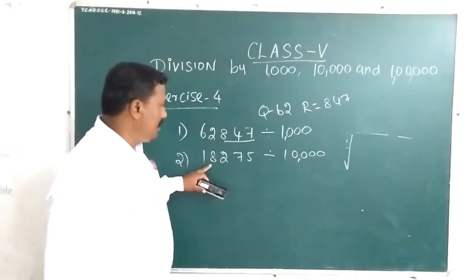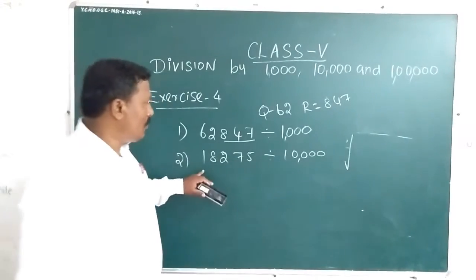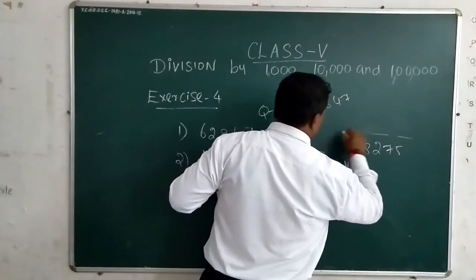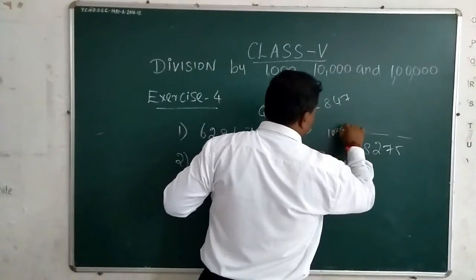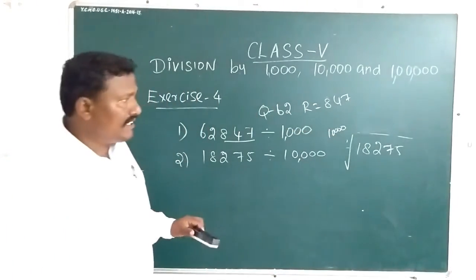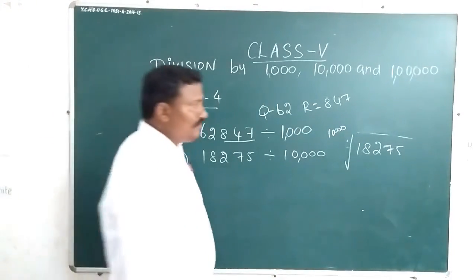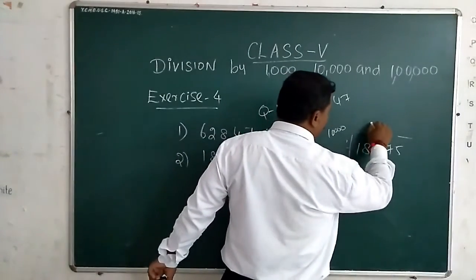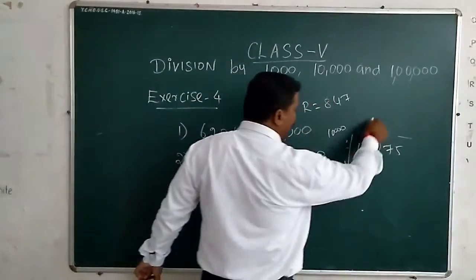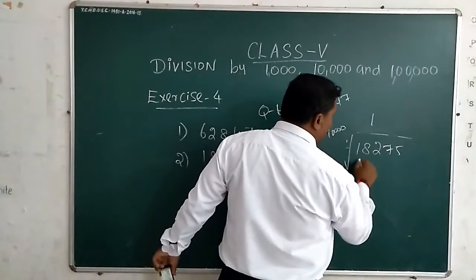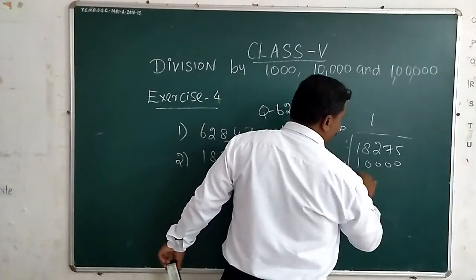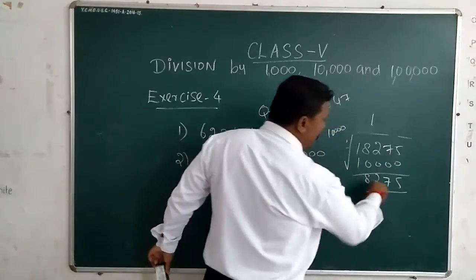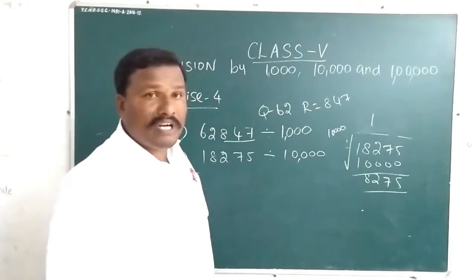The number is 18,275. If you divide by 10,000, how many times can you divide? 18,000, no? So 10,000 only one time. 10,000 is equal to 10,000. The remaining is 8,275.